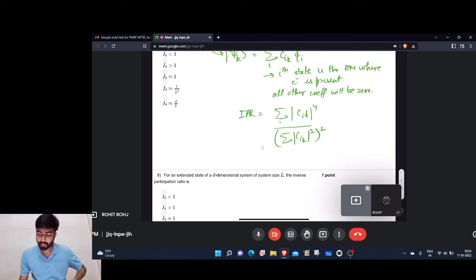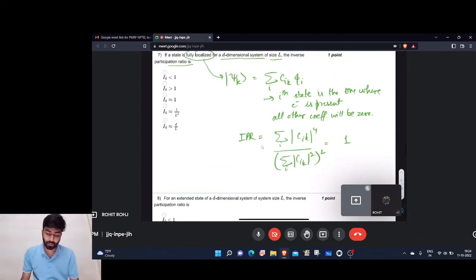Now if all the other C I Ks are 0, then the numerator and denominator would have only one C I K, raised to the power 4 in the numerator and also raised to the power 4 in the denominator, so the ratio would be 1. So in the case of a fully localized system, we will have IPR close to 1.